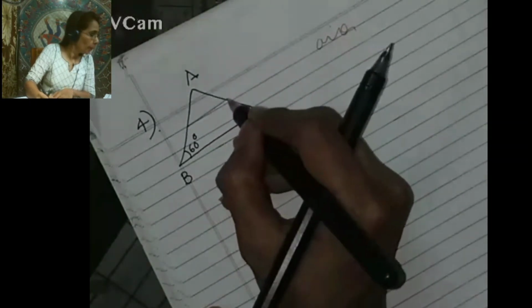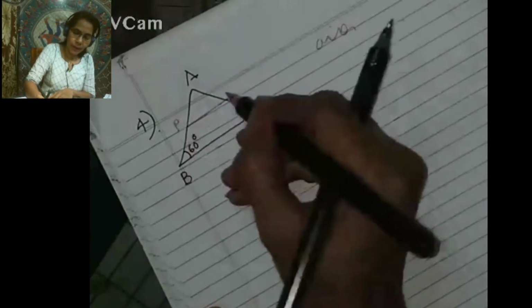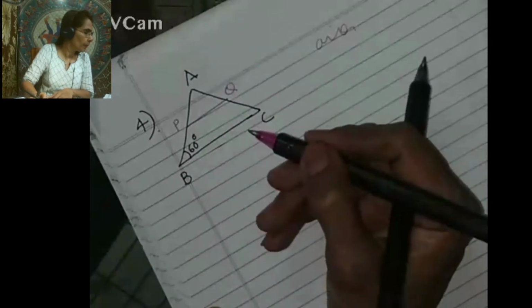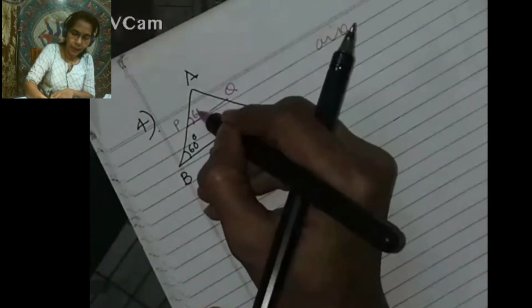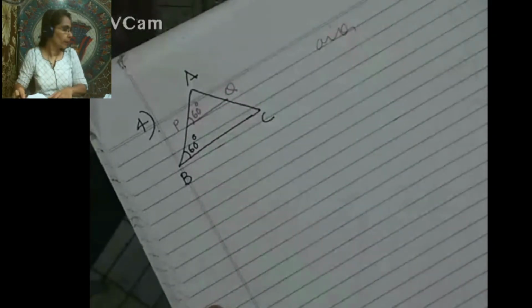At the same time, PQ is parallel to BC, and angle P is 60 degrees. Measures of some angles in the figure are given.